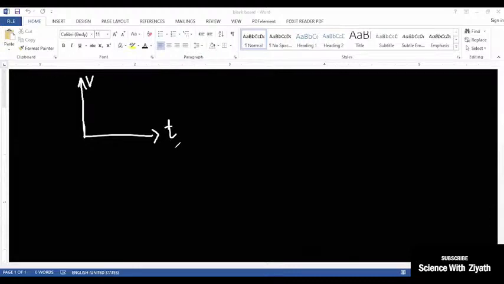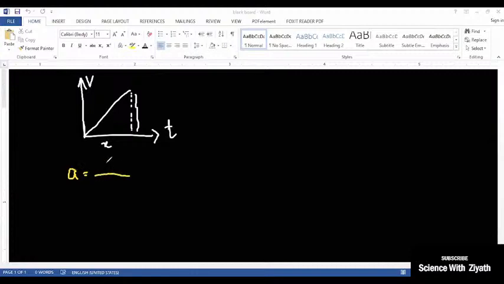Velocity time graph. In the velocity time graph, I am taking this shape of graph. Now look at this one. This is the y-axis and this is the x-axis. This is the small theory about these things. Acceleration equals change of velocity over time.